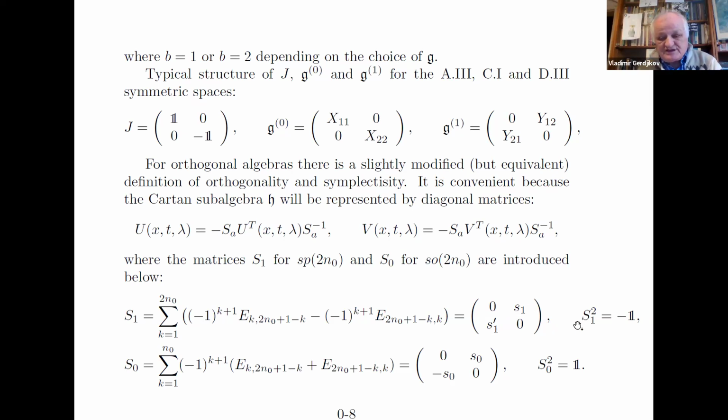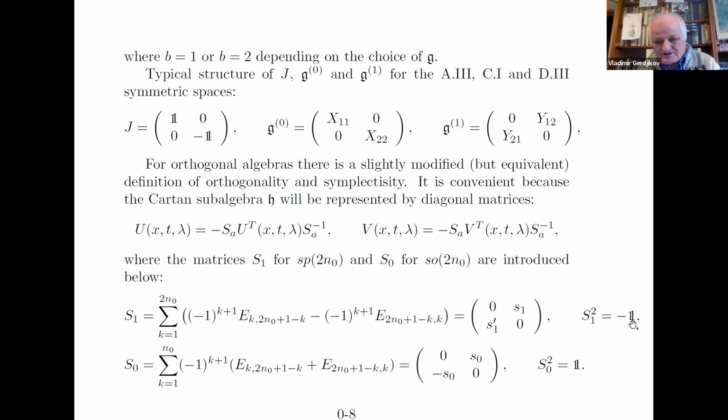The important thing is that S1 and S1 prime have non-vanishing elements which are only plus or minus 1, and the square of capital S1 must be minus 1.